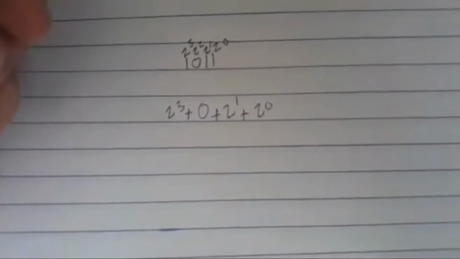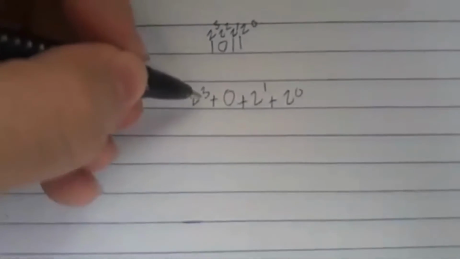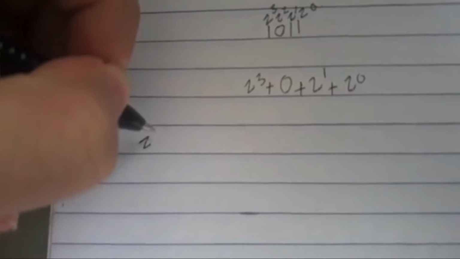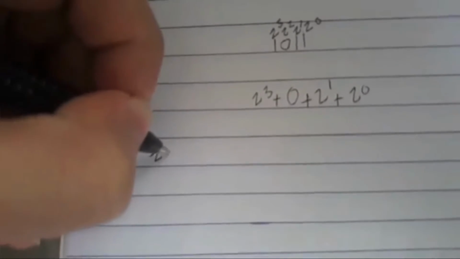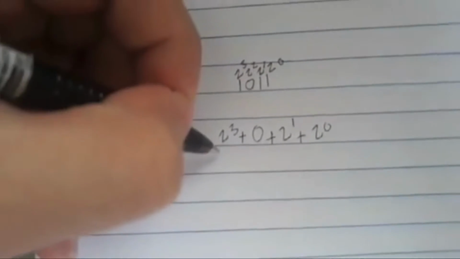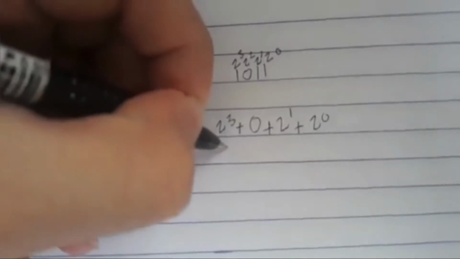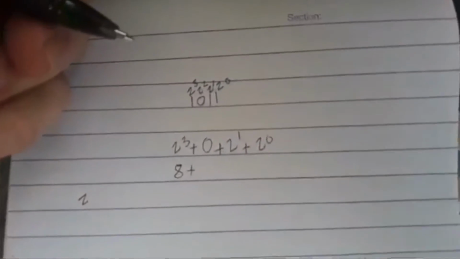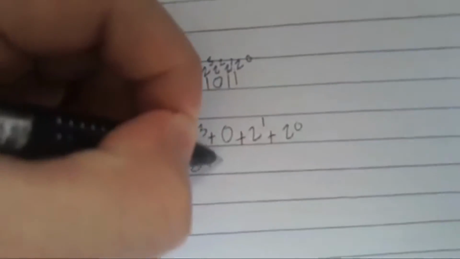Then we are going to add, but first we are going to multiply. 2 cubed, or 2 raised to the power of 3, is 2 times 2 times 2, so the answer is going to be 8. Then plus 2 raised to the power of 1, the answer is going to be 2.